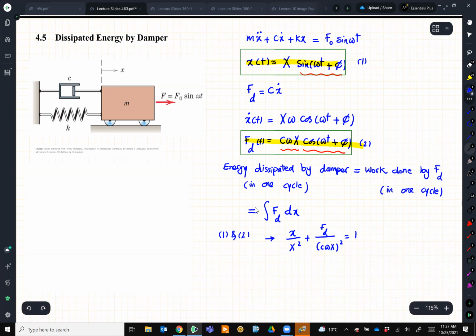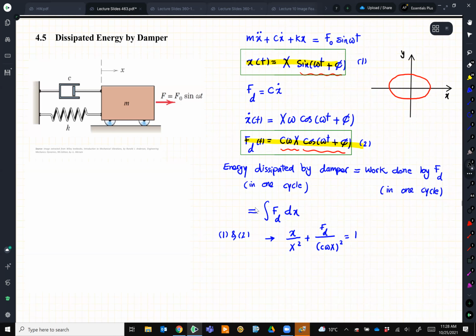So let's see. I'm going to draw an ellipse here. So for an ellipse, let's say this is y, this is x.